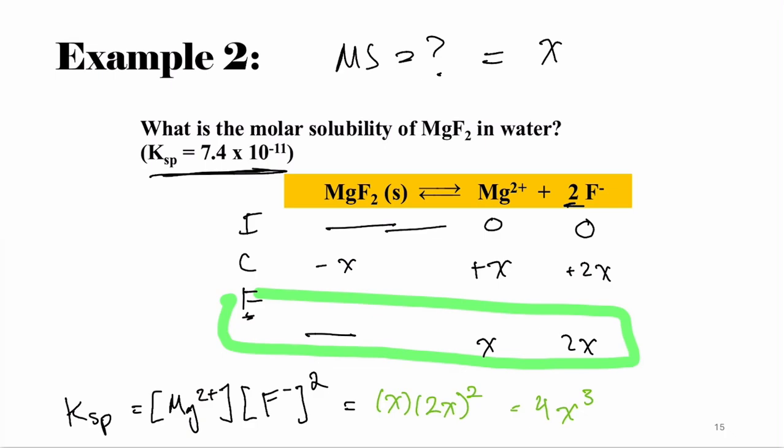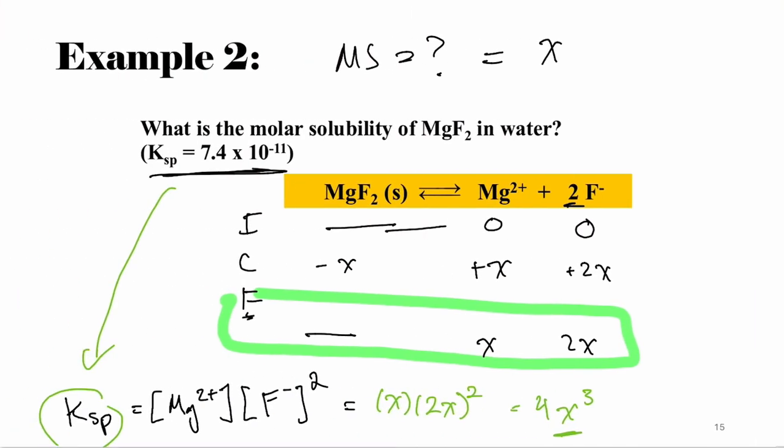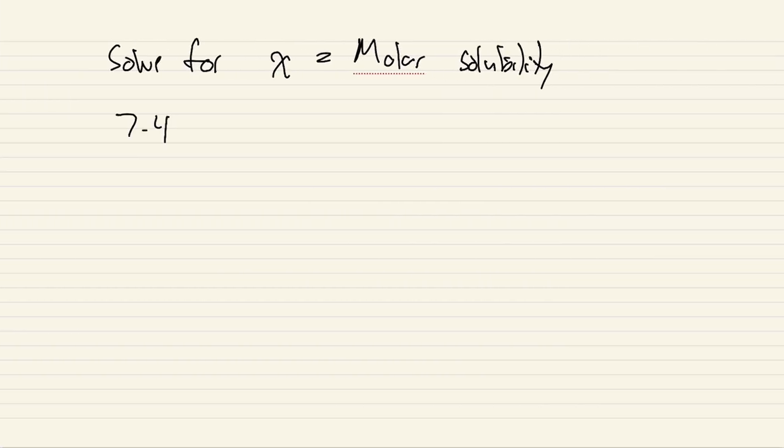And what are we solving for here? The molar solubility, which is x, and then we're given this value already. So to solve for this, we just have to solve for x. We have 7.4 times 10 to the minus 11 equals 4x cubed.